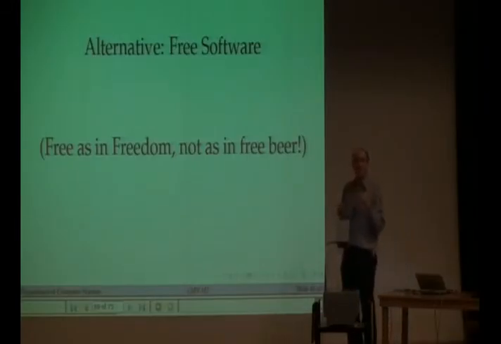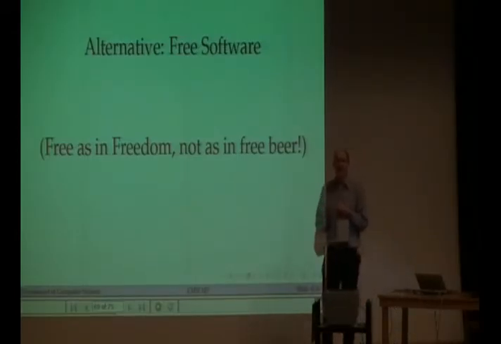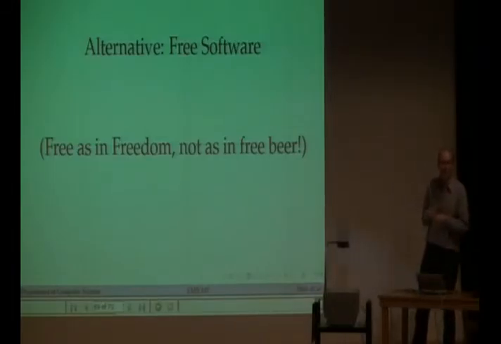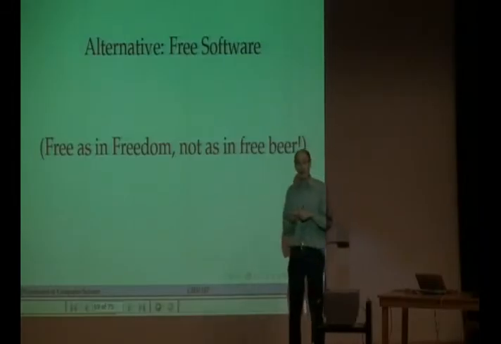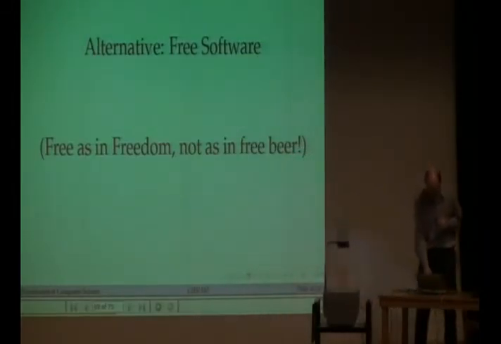Why? Because that's what it costs to make the disk, more or less. So it's not necessarily entirely free in money terms, and you may want someone to help you when you install it on your computer or whatever, in which case you'll probably pay them, so then it's not free. But free as in freedom, not in free beer.